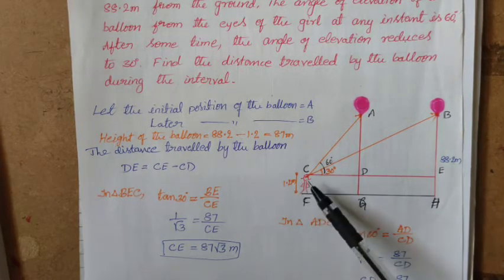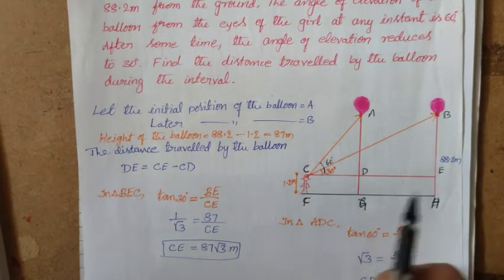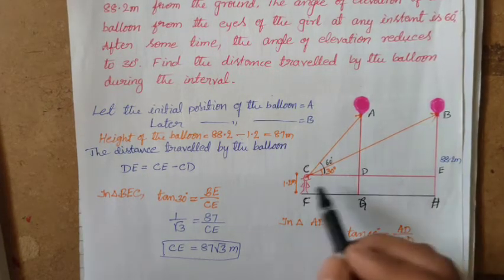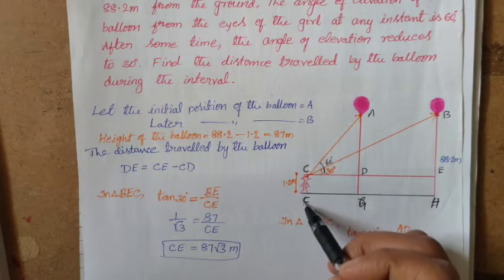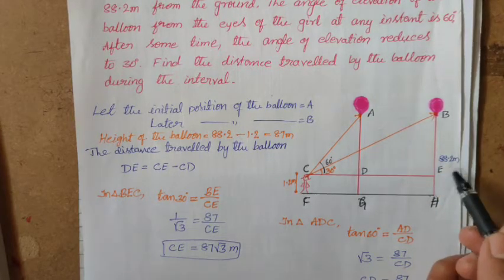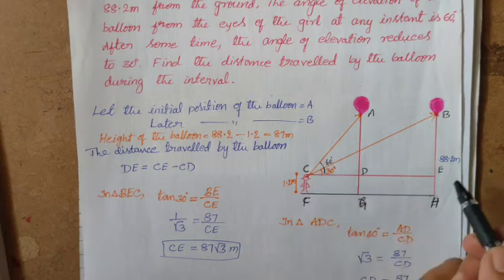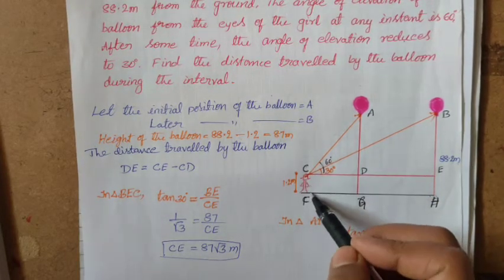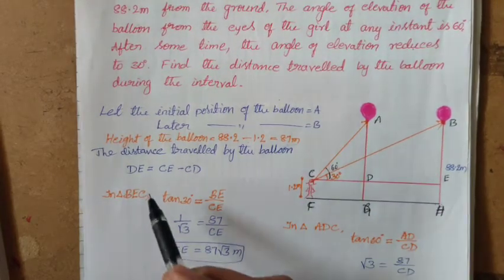That's why, from the observer, the height of the balloon is 88.2 minus 1.2, because the observer's eye level is above the ground. The balloon height from the ground level is 88.2. Therefore, from the observer, the balloon height will be 87 meter. You subtract the height of the girl, then we get 87 meter.